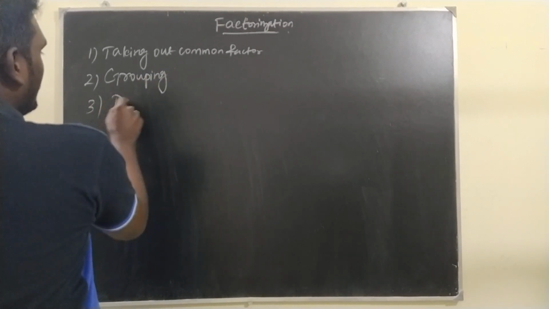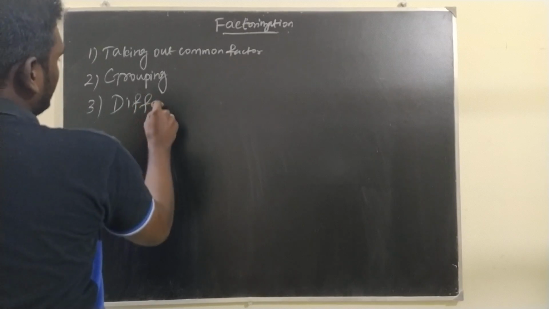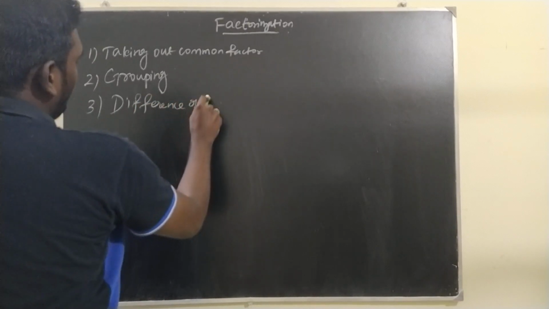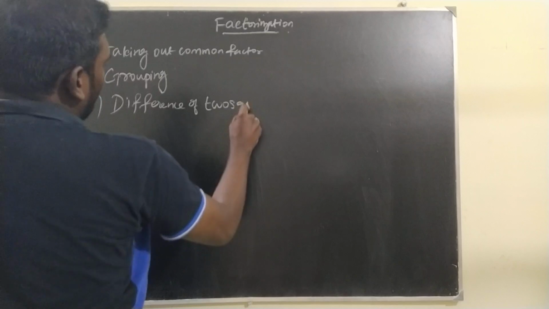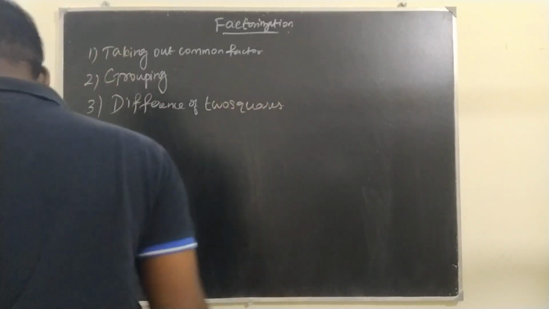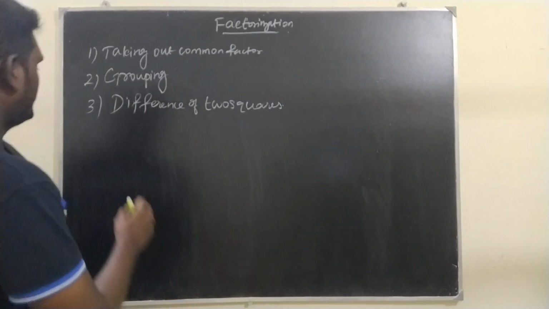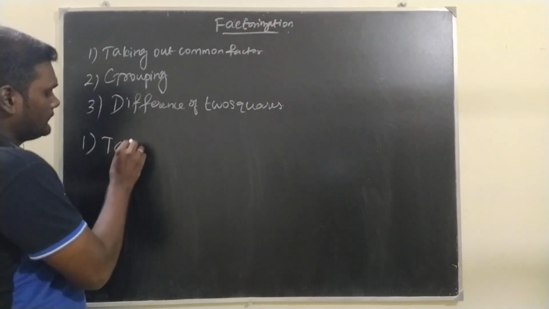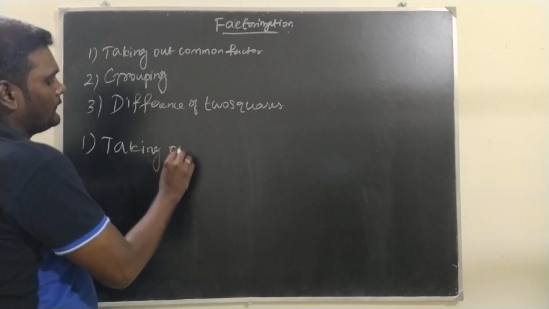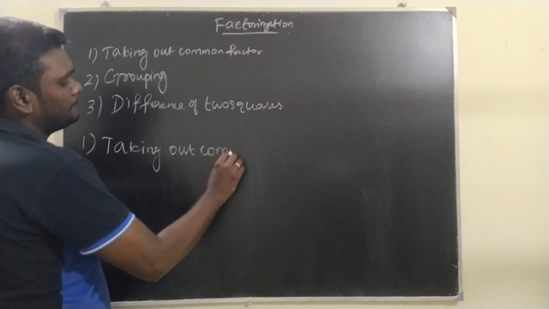The third one is difference of 2 squares. Now, we get started with the first one, taking out a common factor.